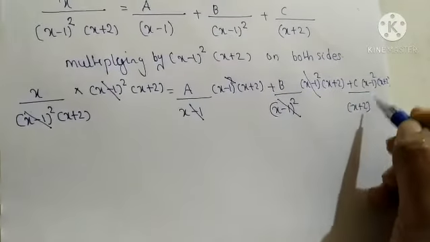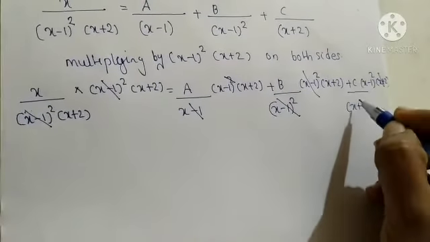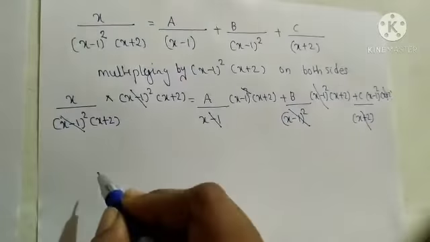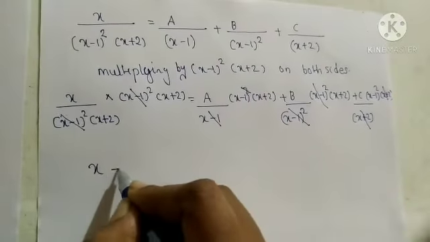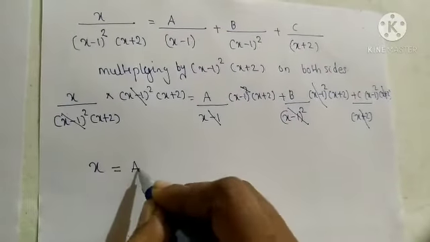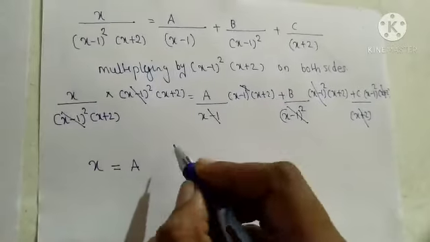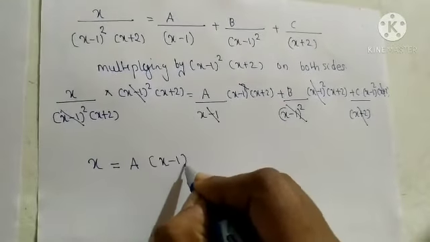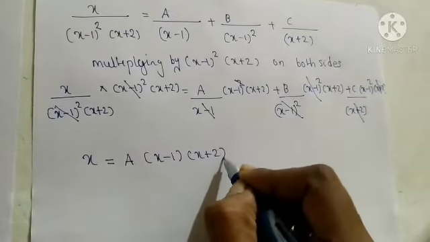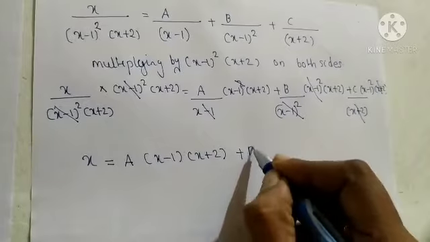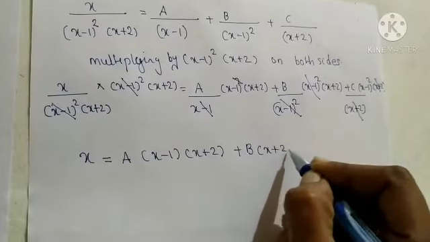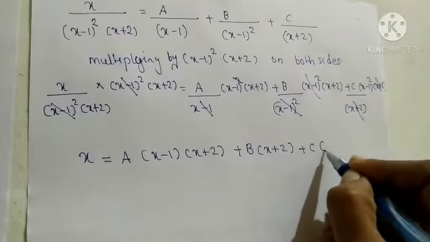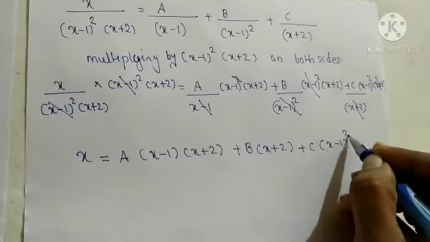And in the c part, the x plus 2 term will cancel. So it can be written as x equal to a into (x minus 1) into (x plus 2) plus b into (x plus 2) plus c into (x minus 1) the whole square.